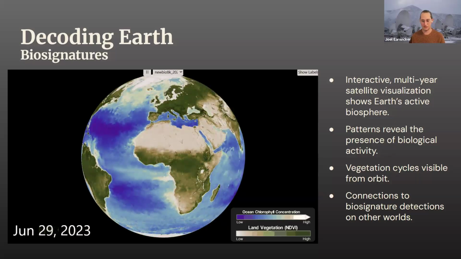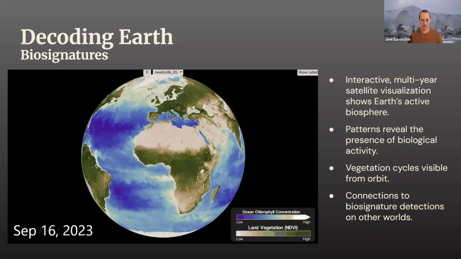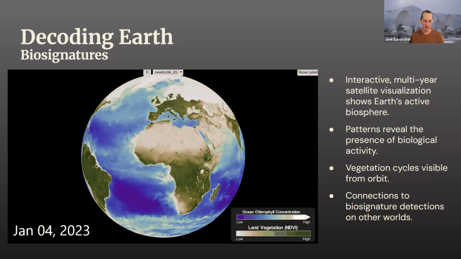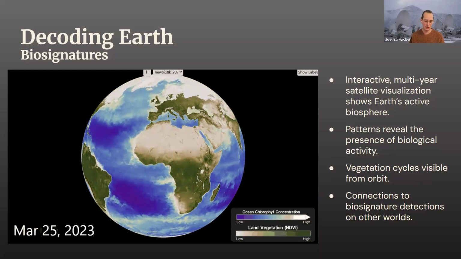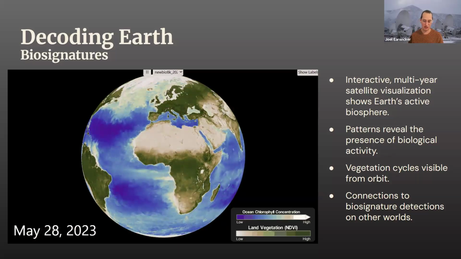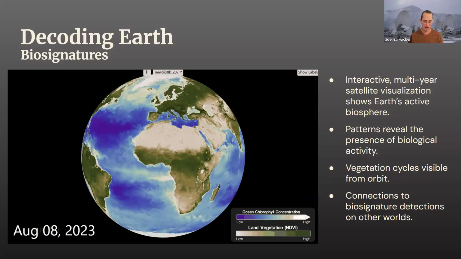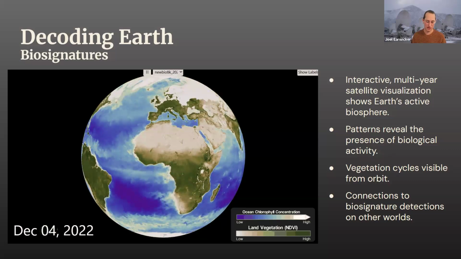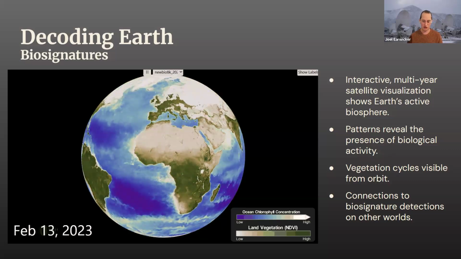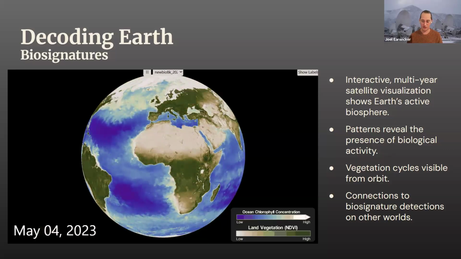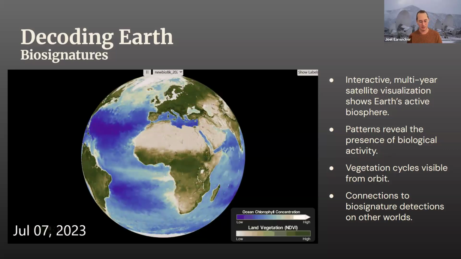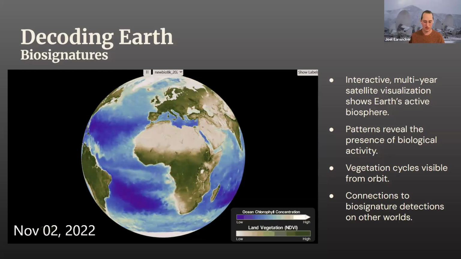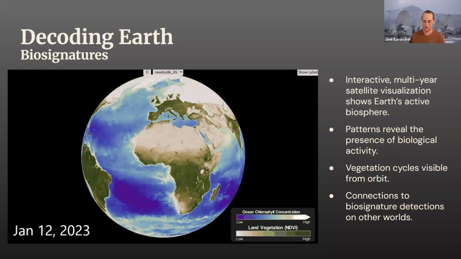We can use this to show in the data, how can we tell from orbit that there's biological activity on this planet? Looking at our planet from afar, what are some of the clues that our planet hosts life? We can look at things like the cycles of vegetation changing throughout the seasons, and a couple of other concepts, and then connect a lot of these concepts to how we are searching for life in the universe in other worlds.